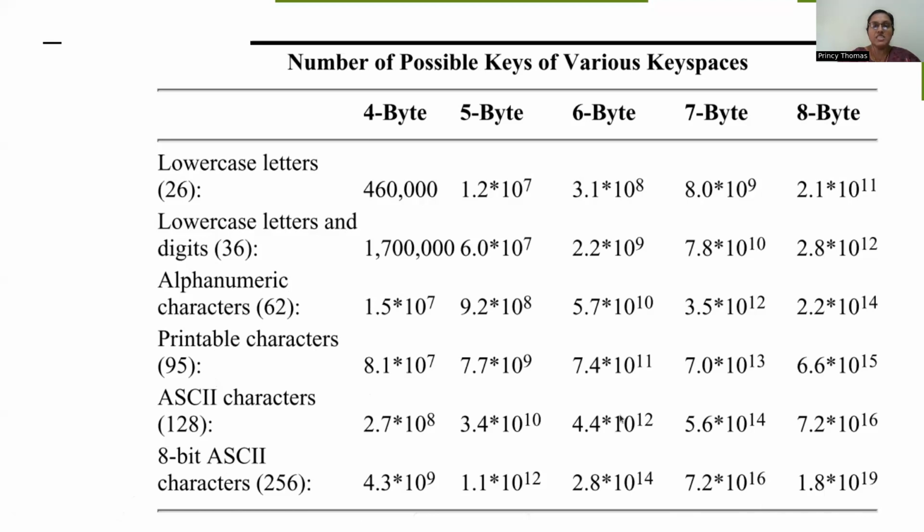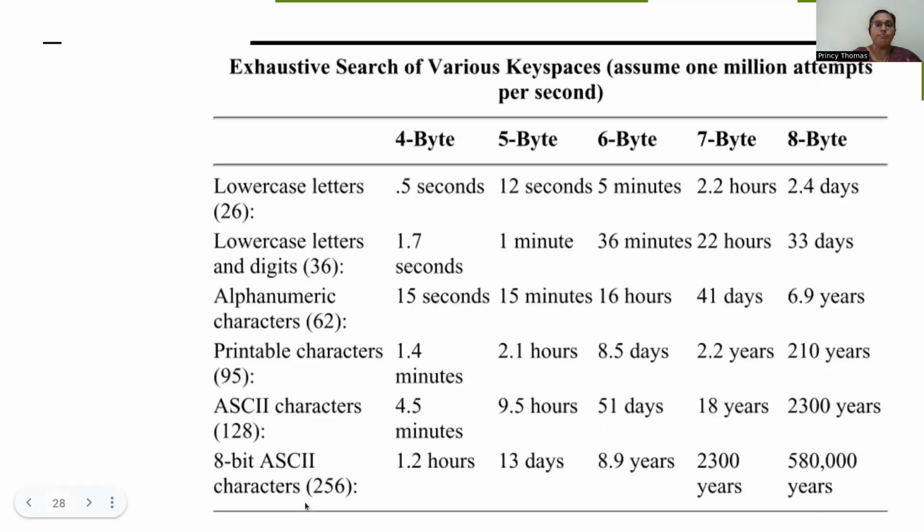From this itself, we see that the time taken for a brute force attack increases exponentially when the size of the key space increases, and also as the number of combinations of the different characters used in the key increases. Now, an exhaustive search is brute force.